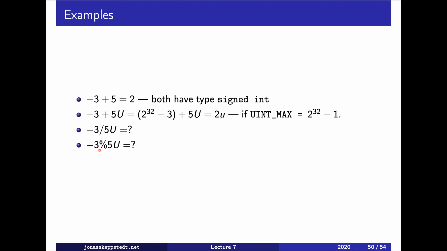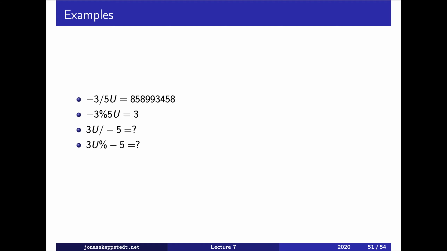Okay, and what happens here? This 3 is also converted to an unsigned, but, well, the remainder will be 3. Okay, so this is of course no one, well, maybe someone could do this in their head, but I don't want to do that.